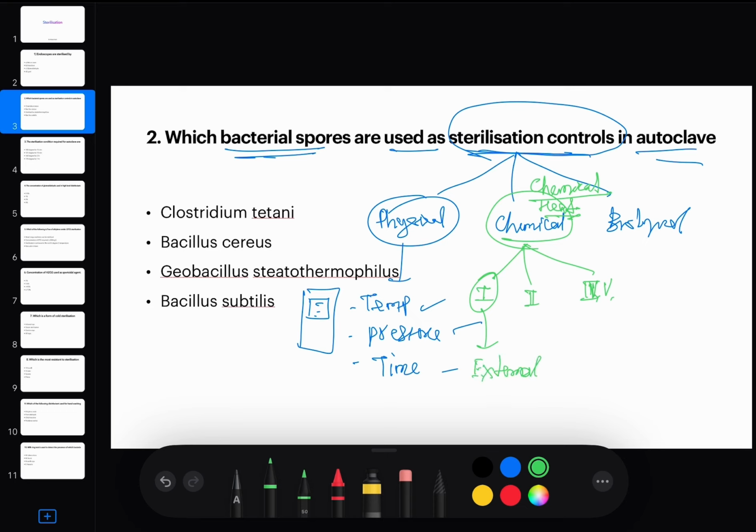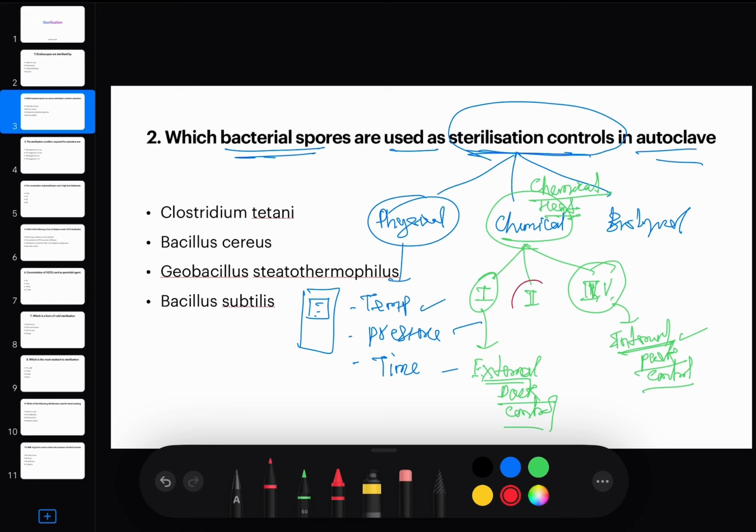External pack controls are present outside the box which is going to be sterilized, and the 4th and 5th are called internal pack controls. Similarly, they are present inside the pack. Class 1 is called the external pack control.